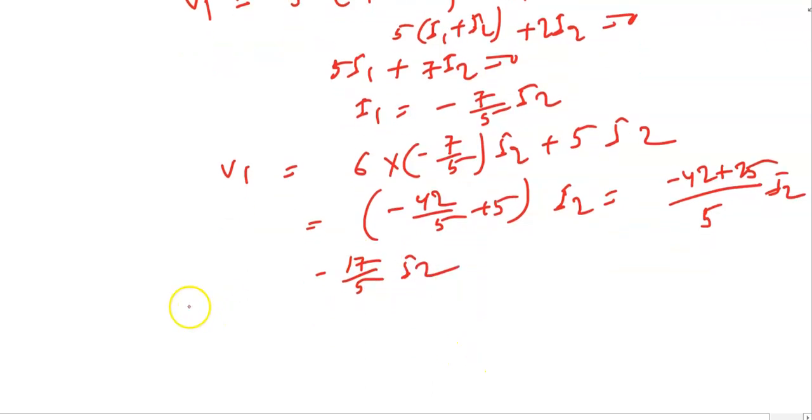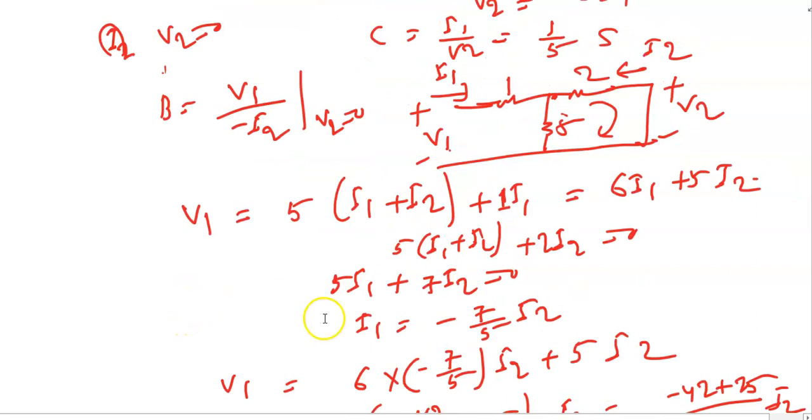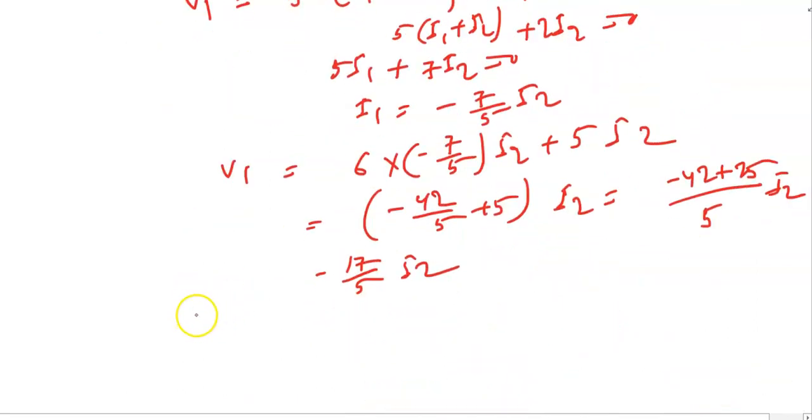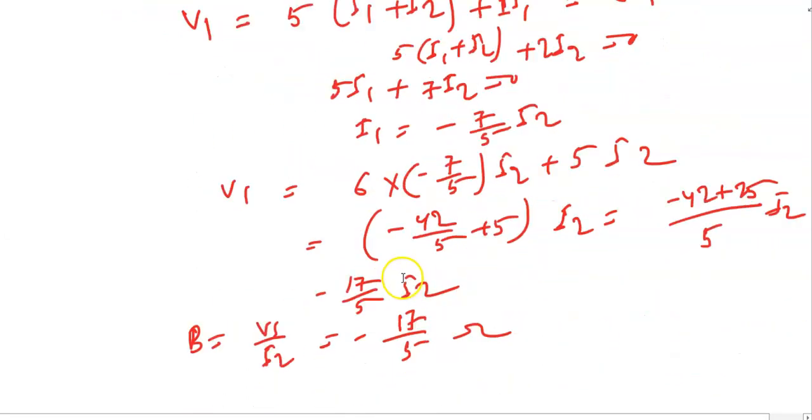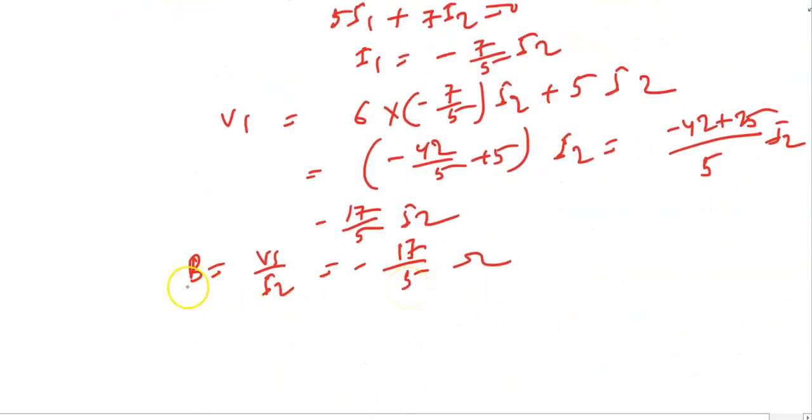So what we are calculating, B equal to V1 upon I2, which is equal to minus 17 by 5 ohm. Actually by definition B equal to V1 upon minus I2. That is your 17 upon 5 ohm.